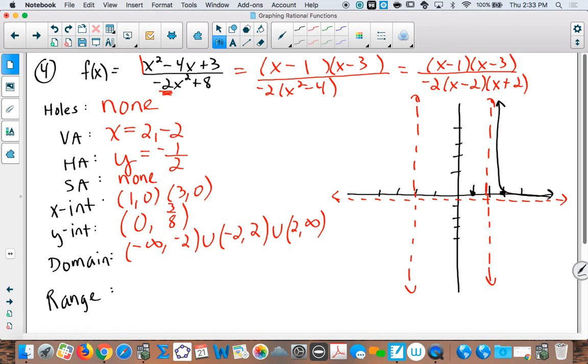Let's see what's happening to the left of our other vertical asymptote. So let's say you plug in -3 or something like that. Use your calculator if you need to. Figure out the value. Tell me if it's above or below -1/2. That's all we need to know.